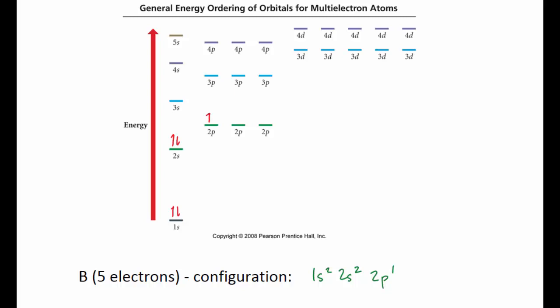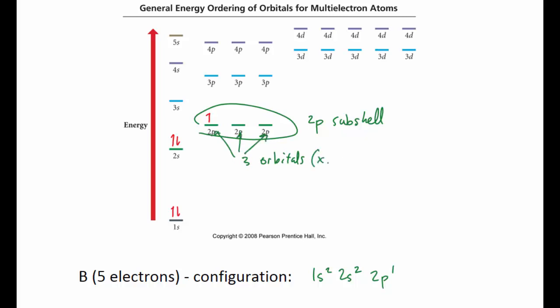That's why there are 3 spaces here in 2p. All of this entire grouping here is the 2p subshell, but it contains 3 orbitals, there, there, and there. It has x, y, and z: px, py, and pz.